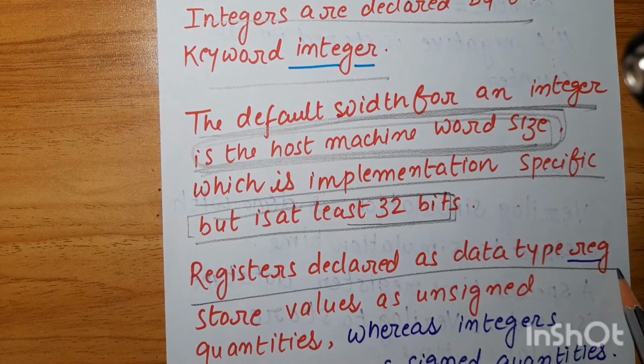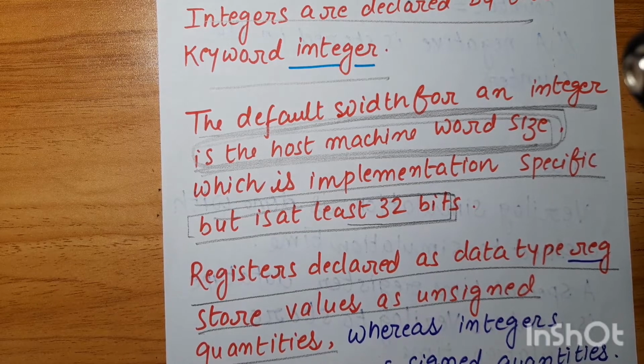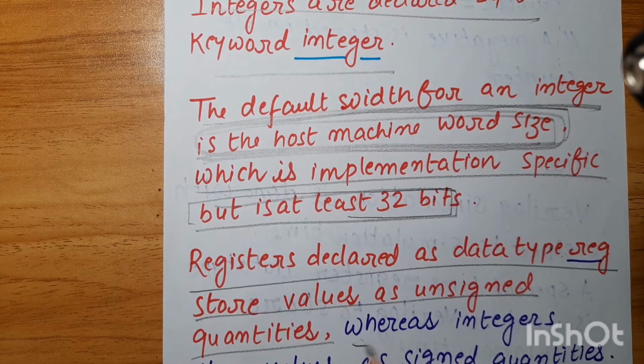Registers declared as data type reg store values as unsigned quantity. They usually store the value by default as unsigned quantity, but we can make it signed by using the keyword signed. But integer stores values as signed quantity.